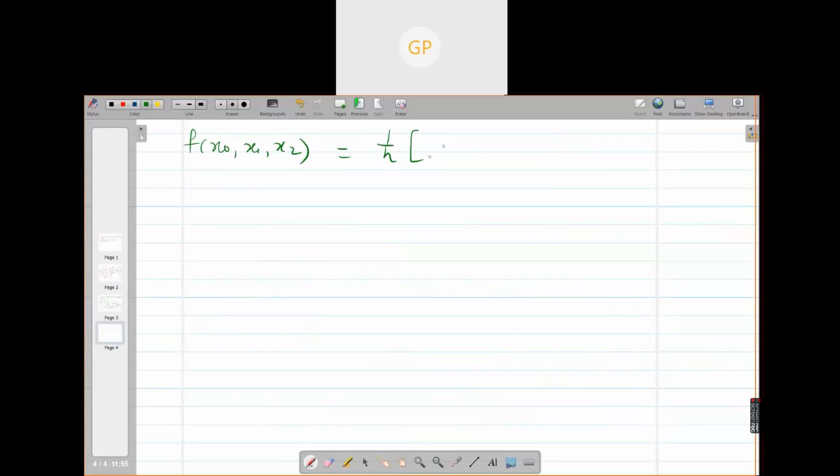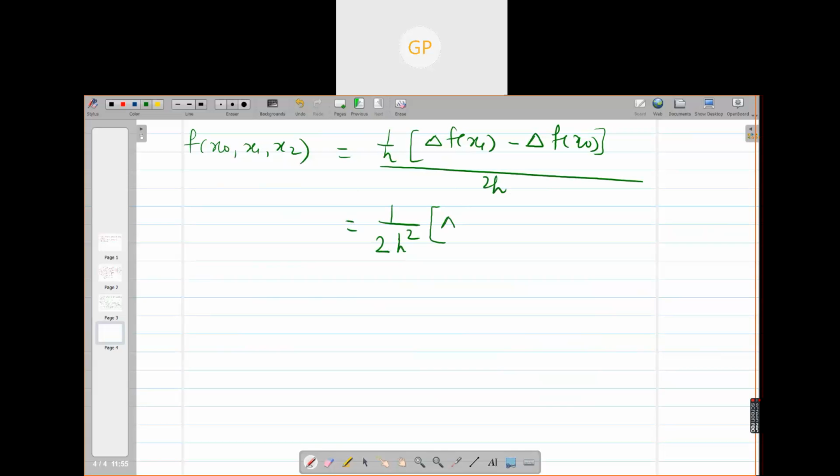Inside I have delta f x1 minus delta f x0 divided by 2h. So this will become 1 upon 2 times h square, and inside I can take delta common again. So this will become f x1 minus f x0.